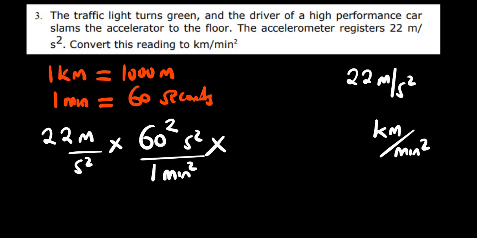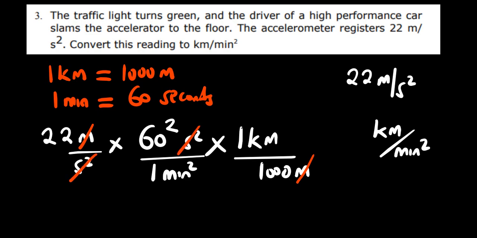Okay, then what are we going to have? We know that 1 kilometer is equal to 1,000 meters. We have everything that we need. What we're supposed to do is just cancel. So the meter and the meter will go, and the second and second will go.